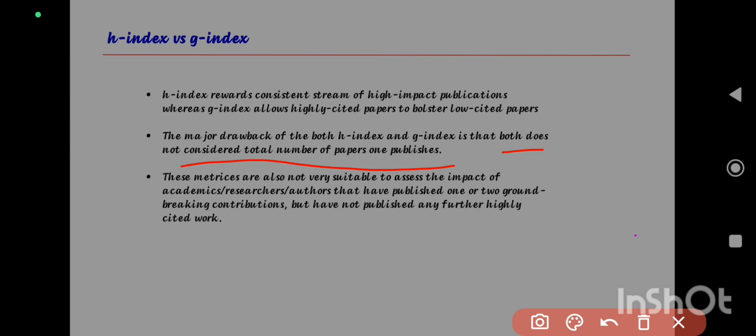So they are not very suitable to find out the impact of academics, researchers or authors that have published one or two groundbreaking contributions. If the author has published only one or two groundbreaking contributions, that is not taken into consideration. It is taken into consideration that the person has a high number of publications, not just one very good publication. They are not suitable to assess the impact of authors that have published one or two groundbreaking contributions but have not published any further highly cited work.